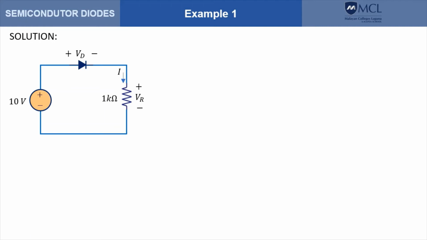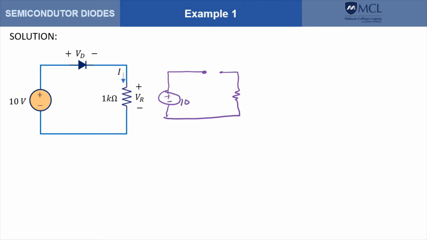One of the ways of determining this is by taking out, or removing, the diode first from the circuit. So let's remove it. Okay, so remove that diode.